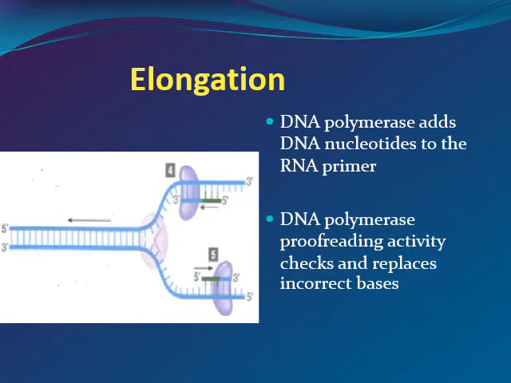Besides its role in elongation of the new strands of DNA, the DNA polymerase plays an important role in proofreading activity, checking and replacing incorrect bases.